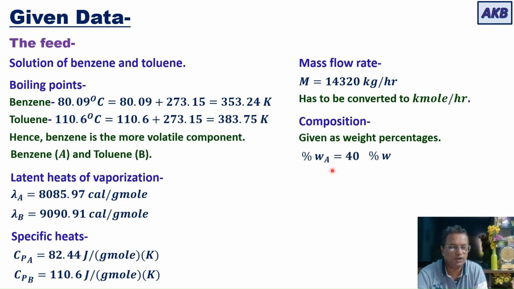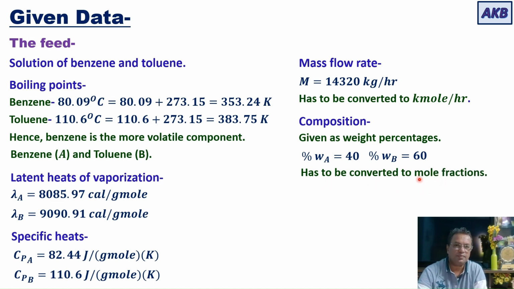So percent weight of A is 40 and percent weight of B is 60. And we have to convert them to mole fractions. This is also what we will be learning in this discussion. Then the temperature of the feed is given. It is 295 Kelvin.